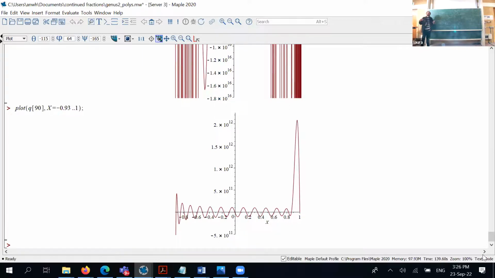But in general, if you have this commutator of operators, you have a choice whether you write it as a system or you write it as a single large order difference equation. And in a sense, it's more natural to write it as a system.